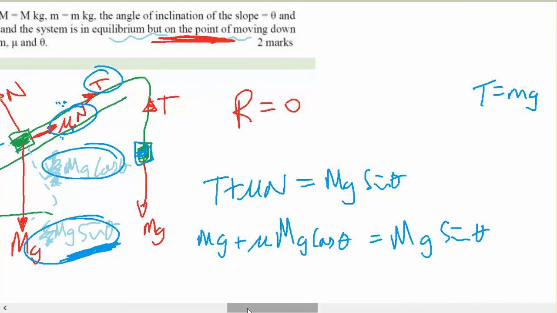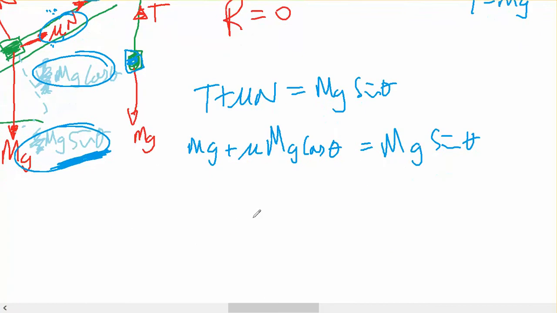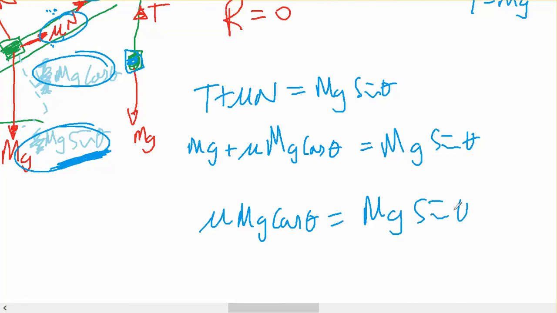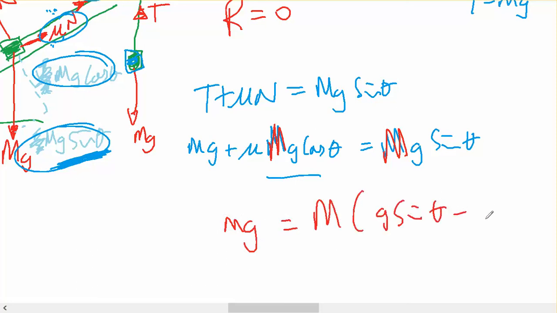And what do I need to find? Find capital M. Okay. Small mg plus mu capital Mg cos of theta will equal capital Mg sine of theta. I'll move this over to there. So I've got a capital M here and a capital M here. Therefore, small mg equals capital Mg sine of theta minus mu g cos of theta.